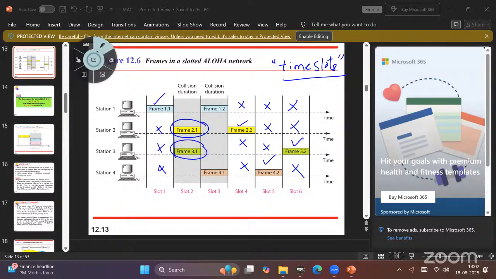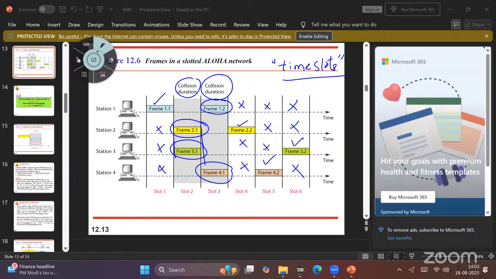Both stations are transmitted at the same time. So what will happen? Collision will happen. Here station 1 transmitted and station 2 transmitted at the same time. Based on the time slots, this station will be transmitted, and this, and the last one.